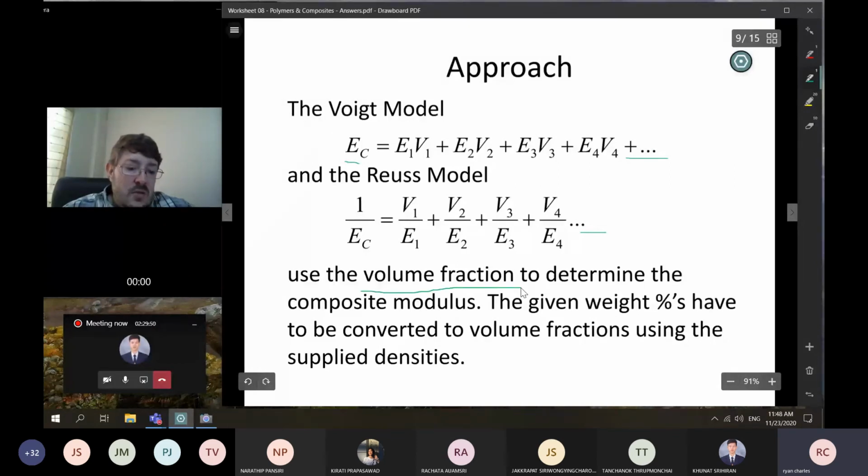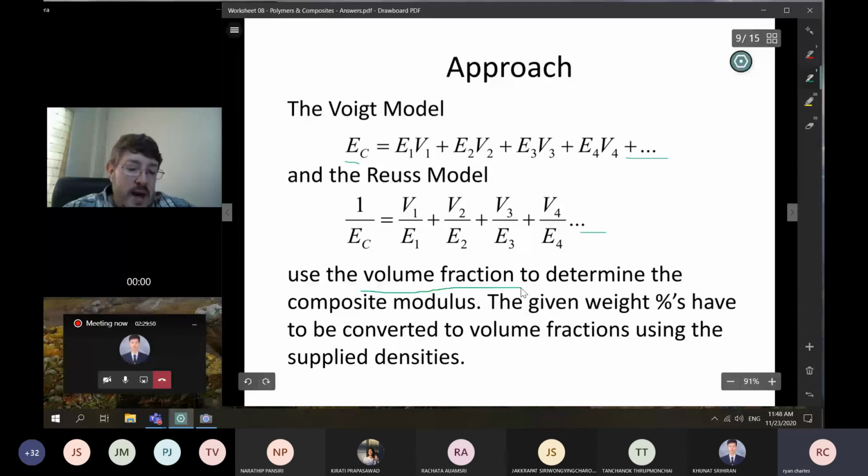Some of you just used a weight fraction, which, if you're being lazy and the densities are very similar, could work. The error might be very, very small, and you wouldn't realize it. But if the densities are very different, you will get dramatically different answers between weight and volume. The key is the density. These are, in the grand scheme of things, kind of close.